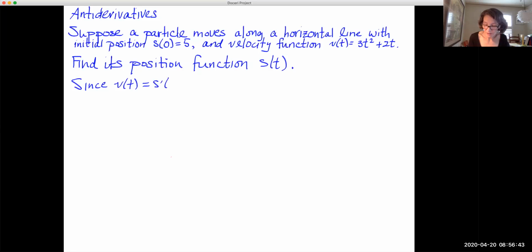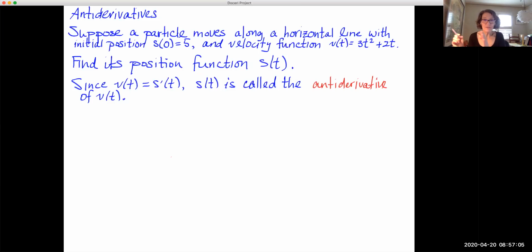Since we know that the velocity is the first derivative of the position, we know v of t is s prime of t. We call s of t the antiderivative of v. So if v is the derivative of s, then s is the antiderivative of v.